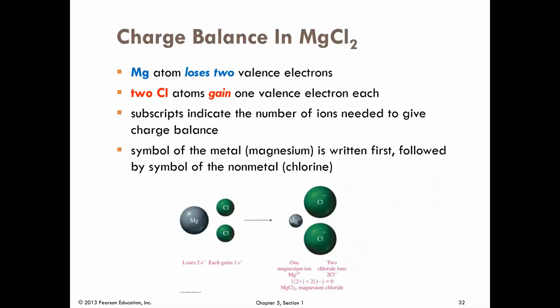If we are drawing magnesium chloride, in this case, magnesium is going to lose 2 valence electrons. And because we have to charge balance, we're going to need 2 chlorine atoms, okay? Because they're both a -1 to take on that +2 charge. So we'll need 2 of them.